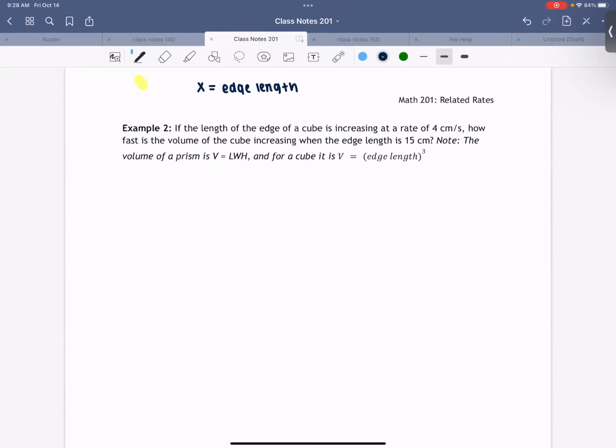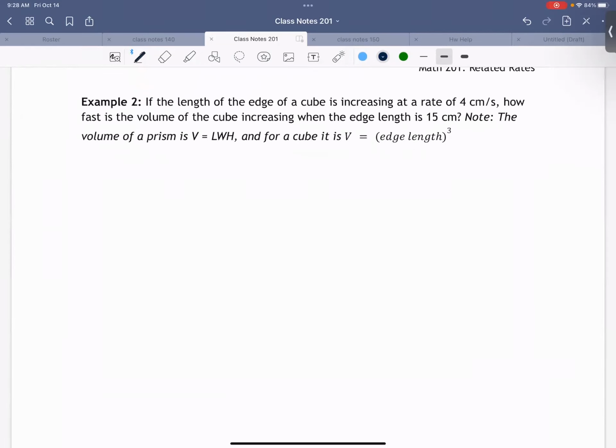I do see some good answers as I'm walking around, but I want to go through this using my steps. I know you don't have to follow my step-by-step way, but I like doing it to organize myself so I don't mess up. So I'm going to do this one in front of the class, if that's okay. We have 6 steps.